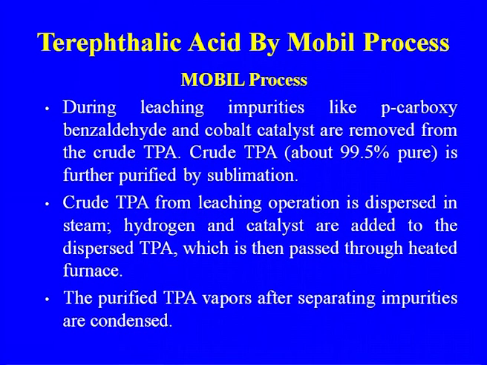So, during the leaching, impurities are removed. Crude TPA from the leaching operation is dispersed in steam, hydrogen and catalyst are added, and it is then passed through the heated furnace. The purified TPA vapors, after separating the impurities, are condensed.